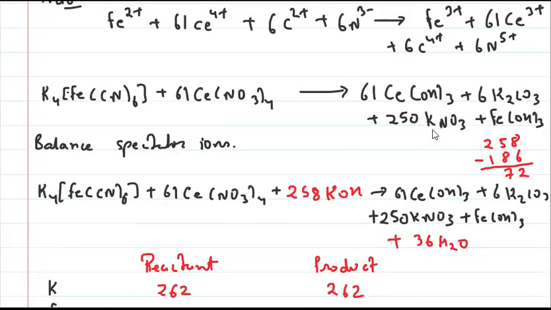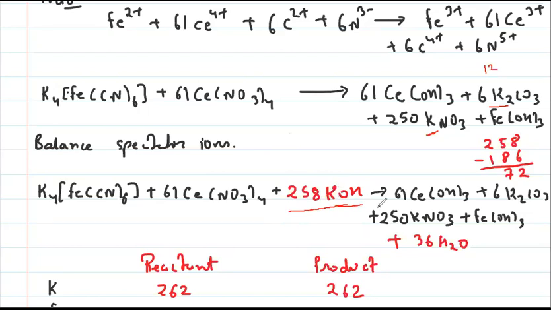So let's see K. Now, if I'm having 250 K and 6 into 2, 12 K, so this side we have 262 K. But on the reactant side we have only 4 K. So we should have 258 K from KOH. So 258 KOH.